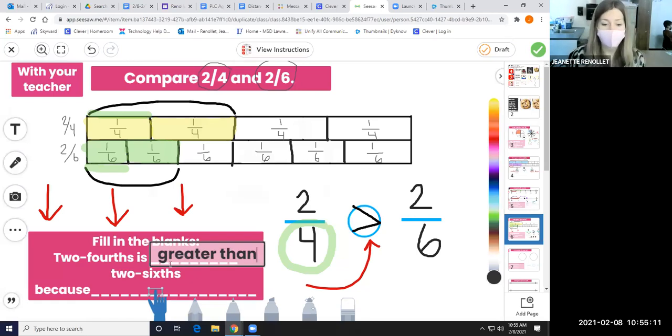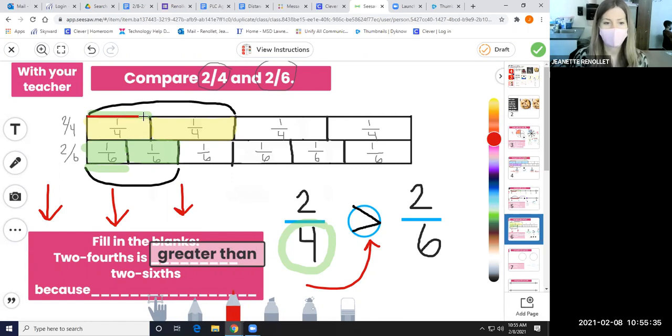After we type in some math vocabulary, we have to explain how we know. We need to explain the why. 2/4 is greater than 2/6 because, let's look at our model.